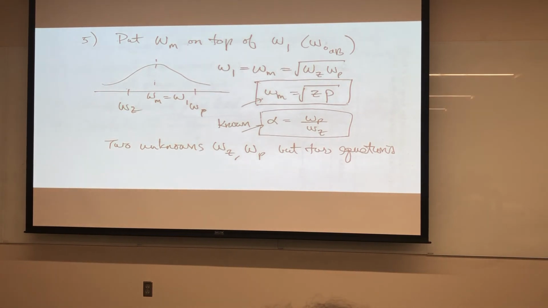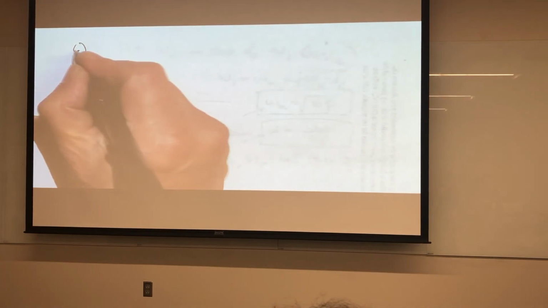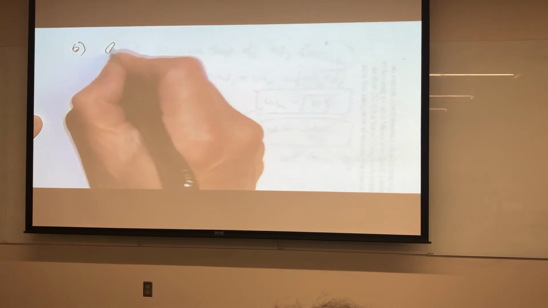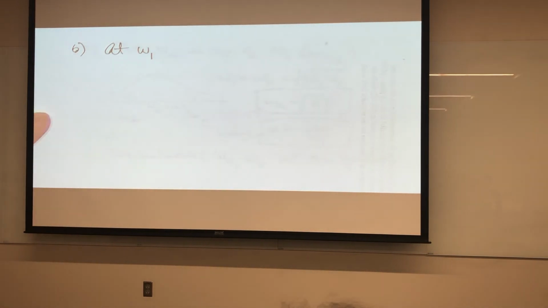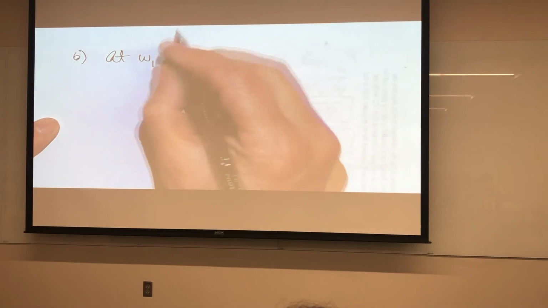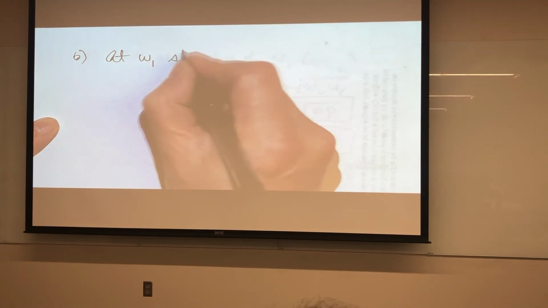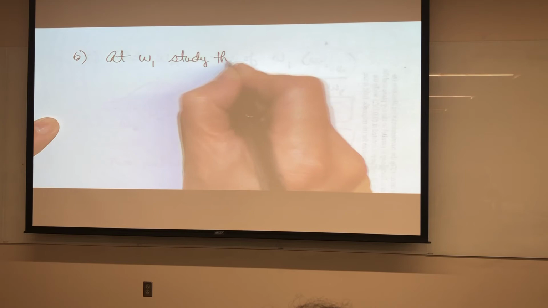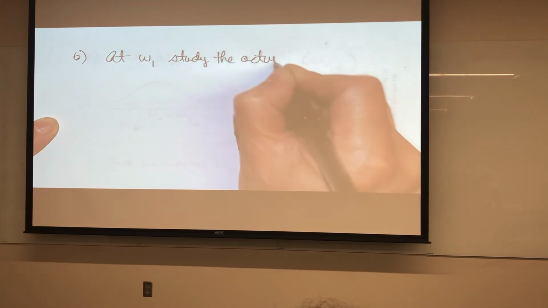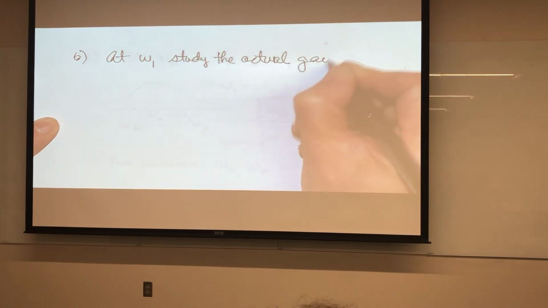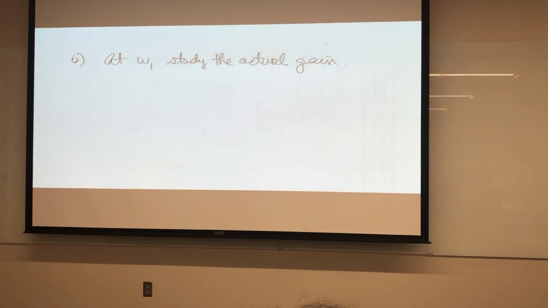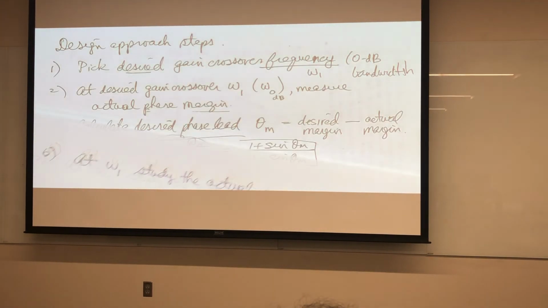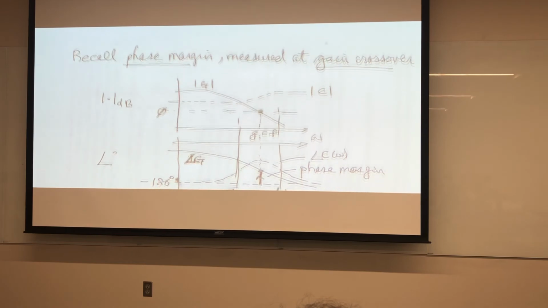Now the next thing we have to realize is that when we put in phase, the magnitude is also going to be adjusted. At omega 1, study the actual gain. So let's go back to this picture right here.